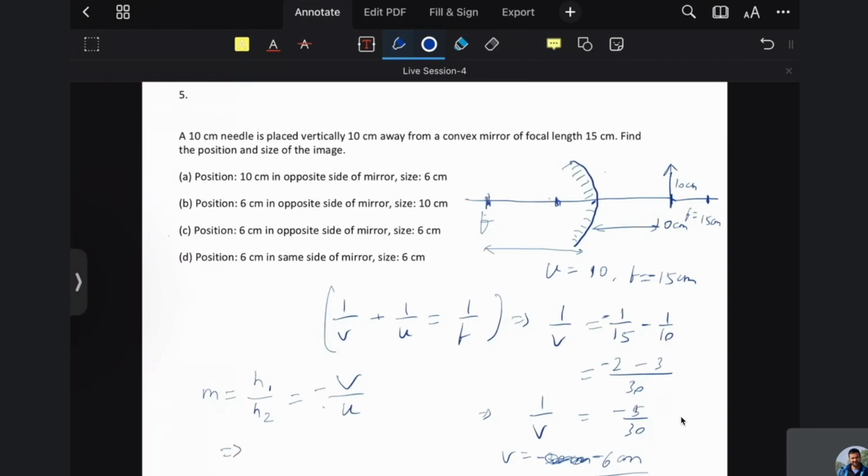And we have the size of the object, h2, which is 10, h1 we want to know, and we have calculated minus v as 6, and u is 10. Again, 10 cancels, and so the size of the image is just 6 centimeter, right?